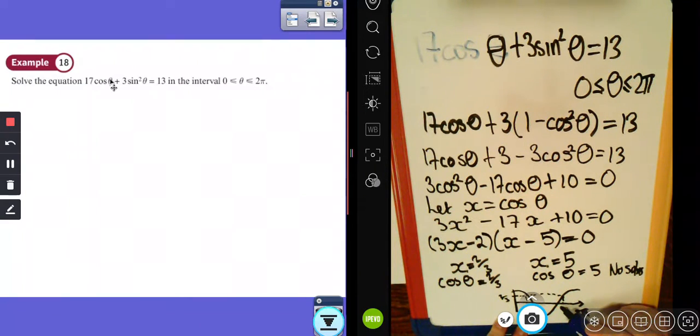So if you do inverse cos of 2/3, you get theta equals 0.841, and theta equals 2 pi minus 0.841, which is 5.44. Hopefully you can read that.